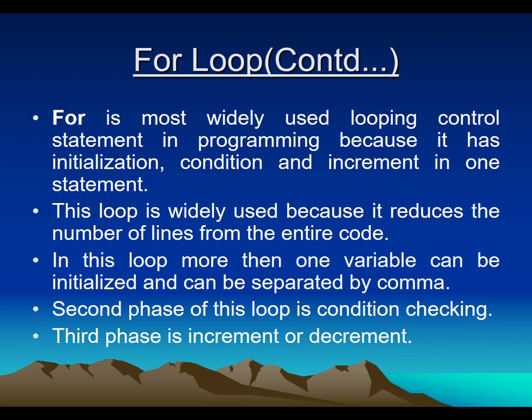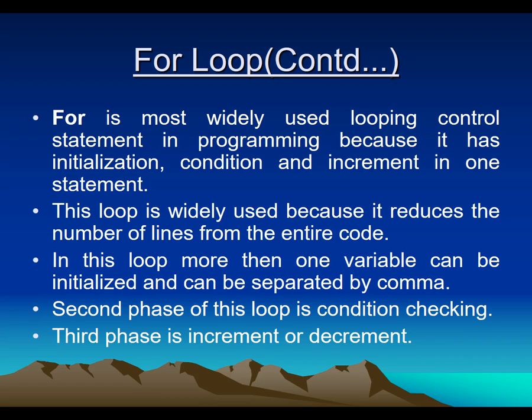This loop is widely used because it reduces the number of lines in the entire code. This is obvious in while and do while: initialization occupies a single line, condition checking occupies another line, increment and decrement occupy a third line, and the remaining lines are for the logical block of code.